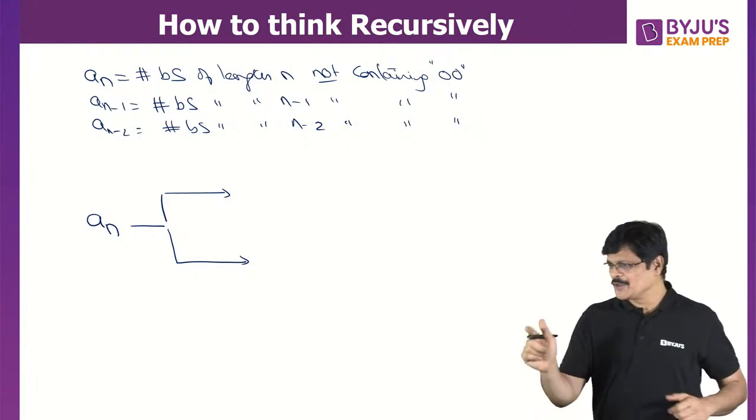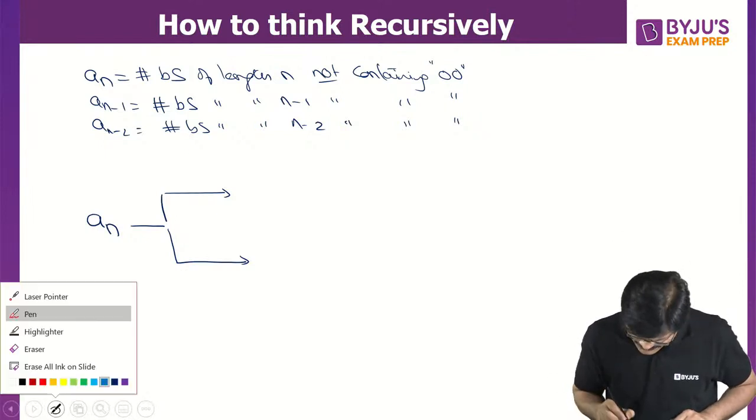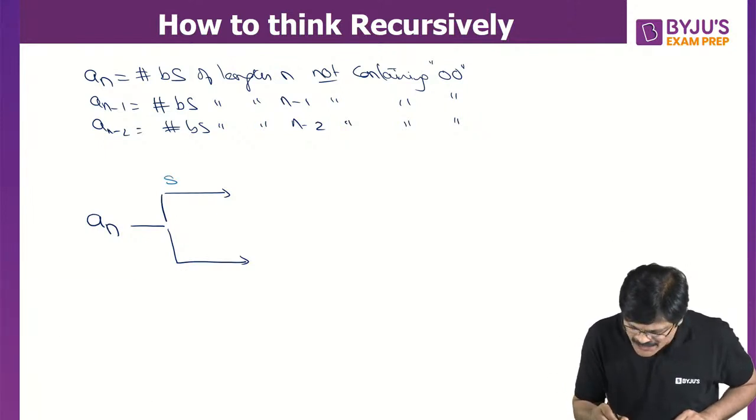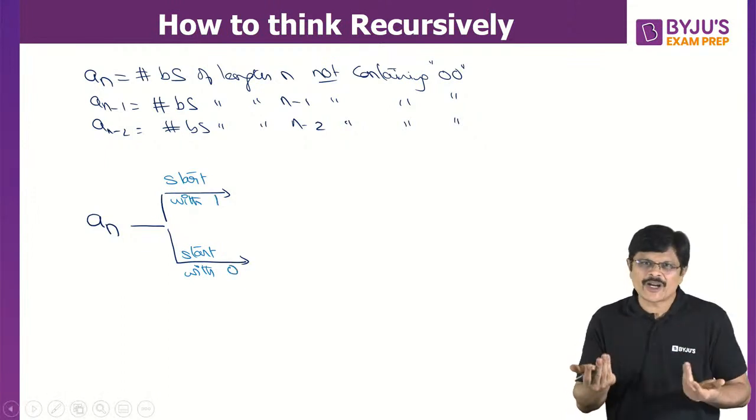Got it? Oh, very good, Sidhu. 0 or 1. It should either start with 0, as my friend Sidhu said. It should start with, okay, start with 0, या start with 1. मैं क्या करता हूं, पहले start with 1 लेता हूं, बाद में start with 0 लेता हूं. कोई भी ऑर्डर चलेगा ना?